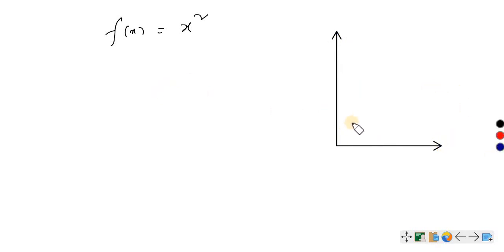If I draw a parabola, it will look something like this, though it is not perfect, but still you consider this. And suppose I have given an interval, 1 and 3. Let this be x equal to 1, and let this be x equal to 3. Just consider, though the numbering is not perfect.